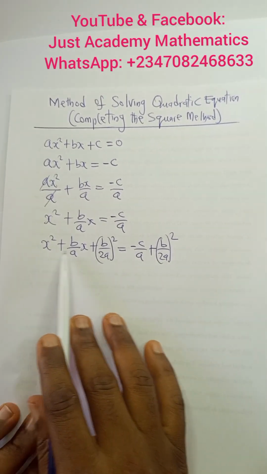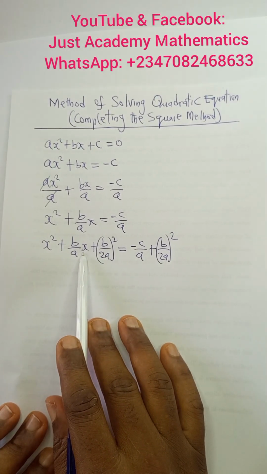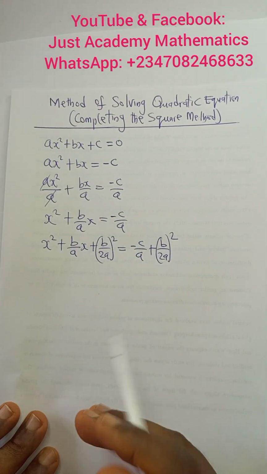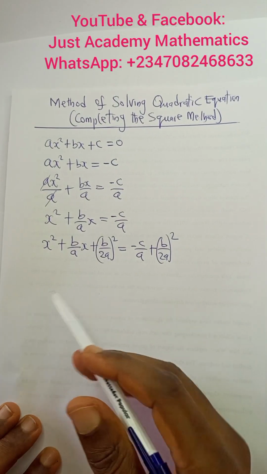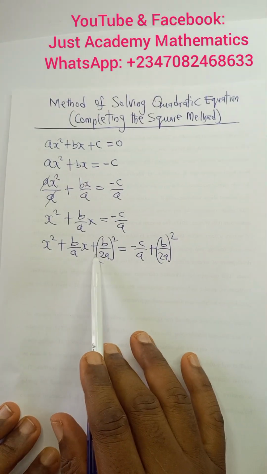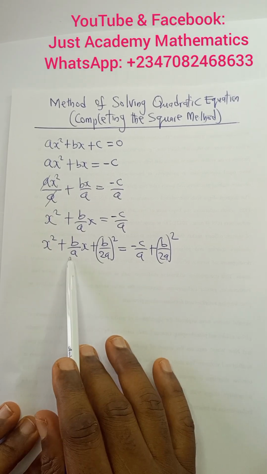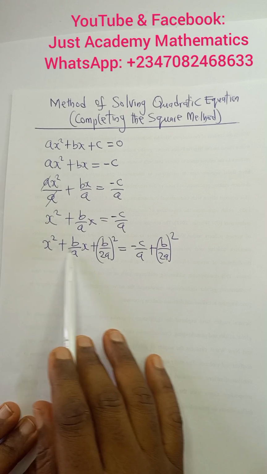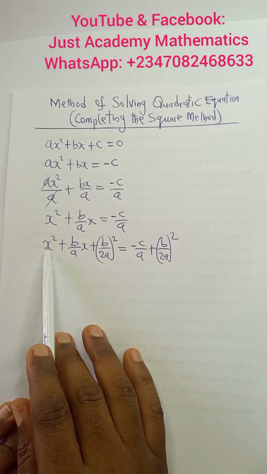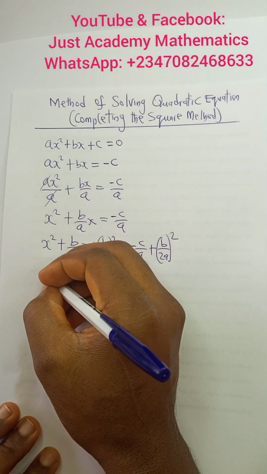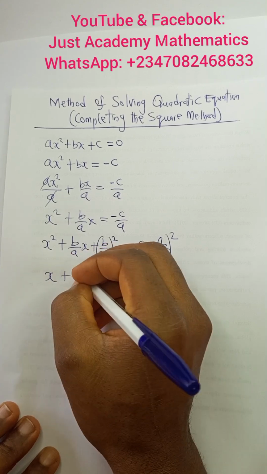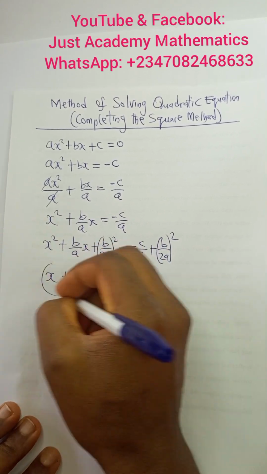When you factorize this, there are a number of procedures which may take one page, but there is a summary to that. The answer you arrive at is the summary of what I want to show you now. To factorize this, you pick this one with square and this one with square. This is what I mean: x plus b over 2a, squared.